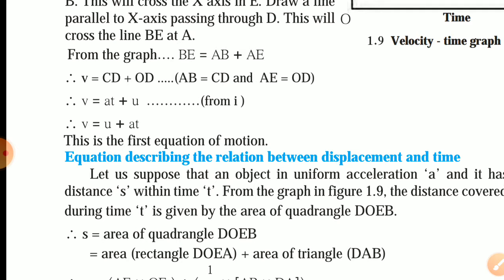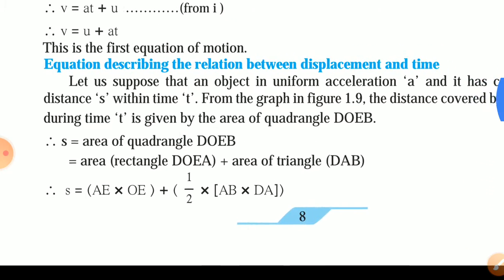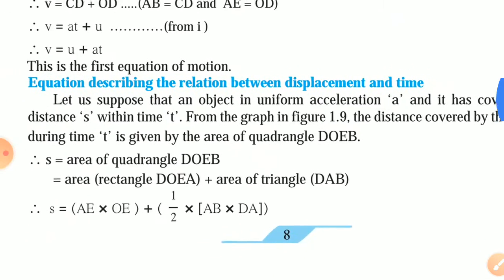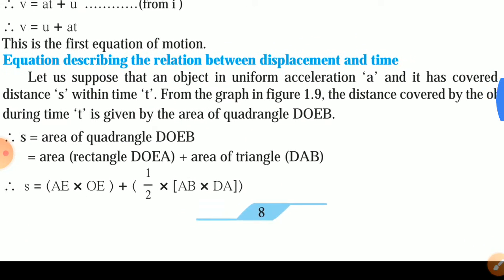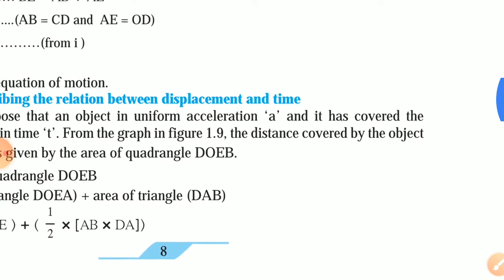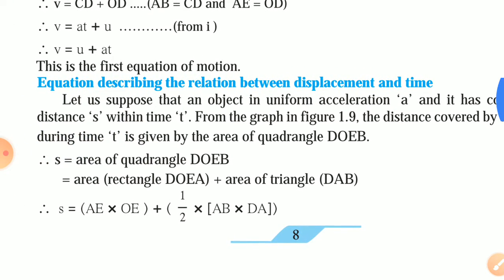Now let us solve the next equation, describing the relationship between the displacement and time, by using the same graph. Let us suppose that an object in uniform acceleration has covered the distance s in the time t.